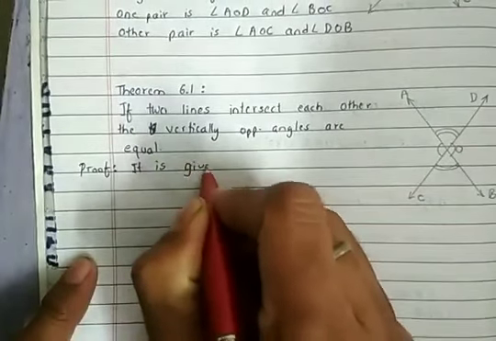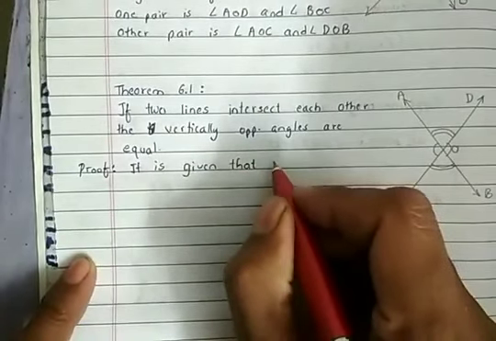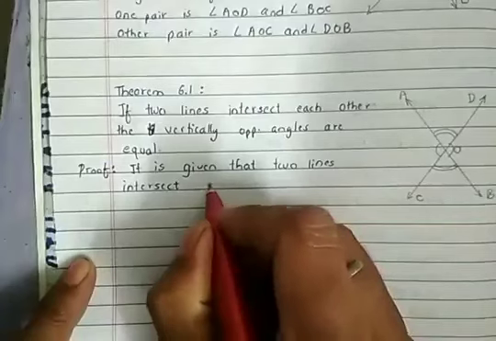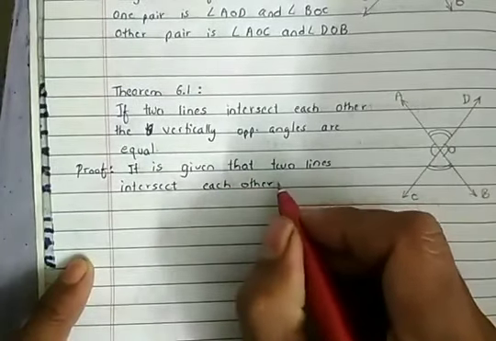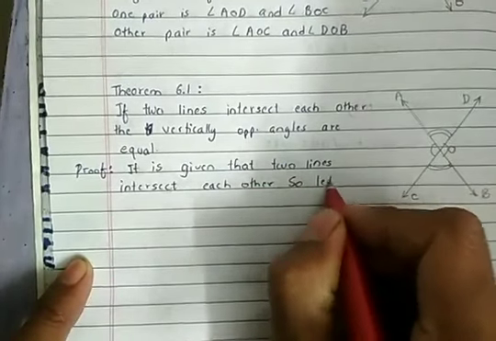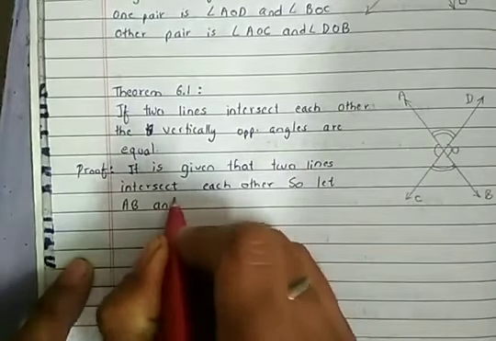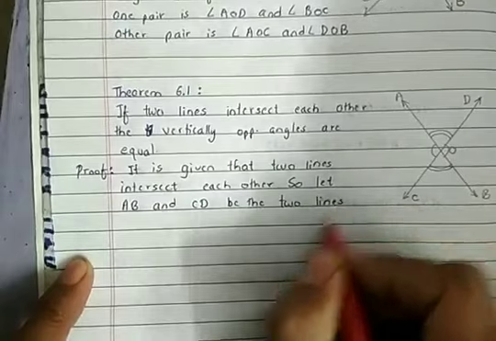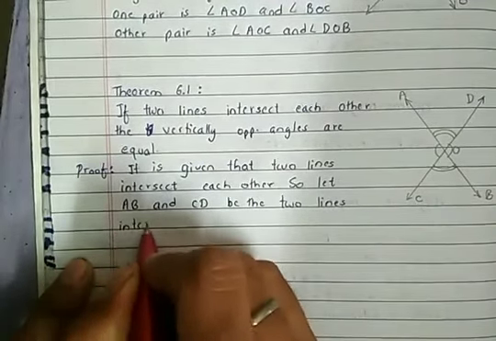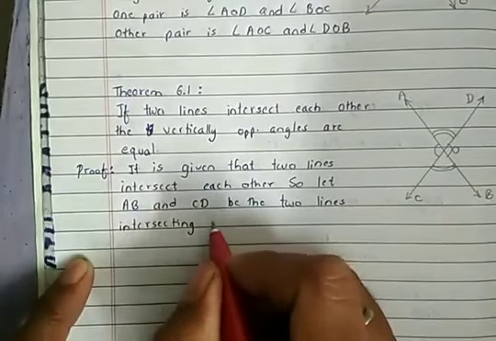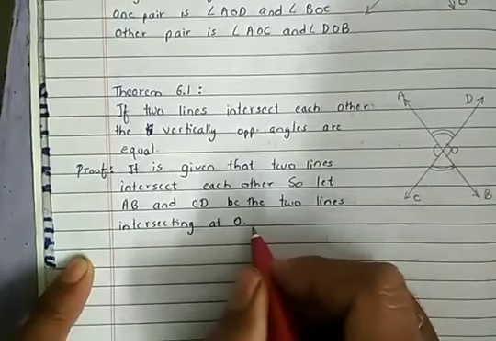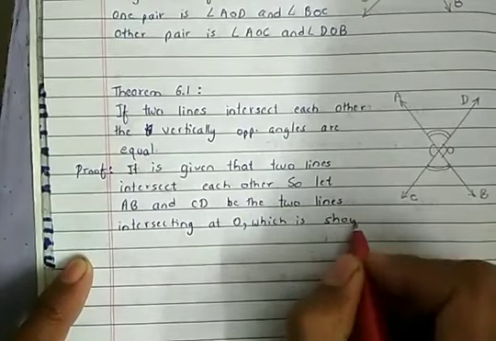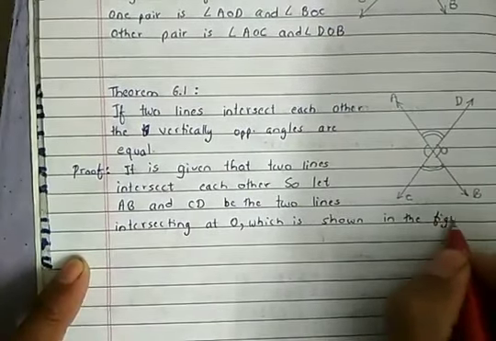It is given that two lines intersect each other, so let AB and CD be the two lines intersecting at O, which is shown in the figure.